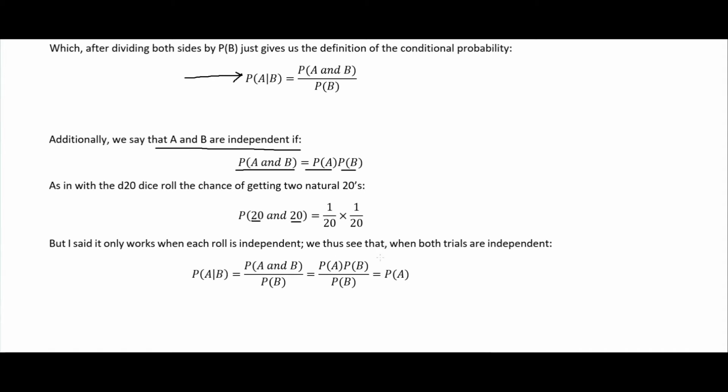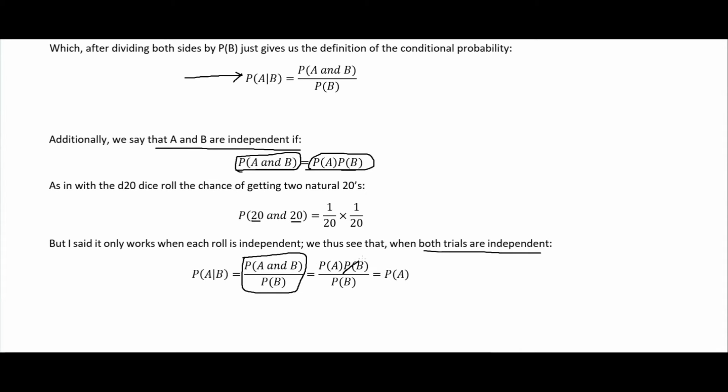We thus see that when both trials are independent, we have our probability of A given B is equal to this, which was our definition of the conditional. But then we said up here that this P(A and B) is just equal to the probability of A times the probability of B, so we can make that change if these are independent.